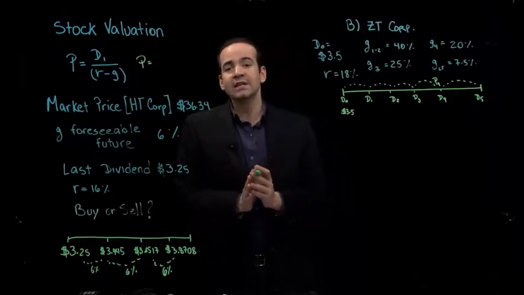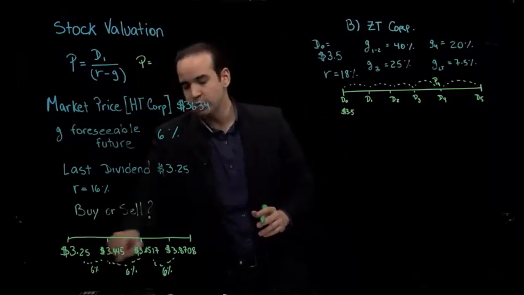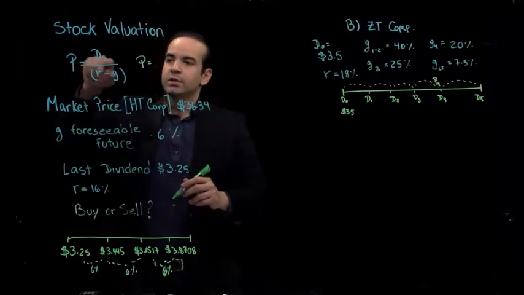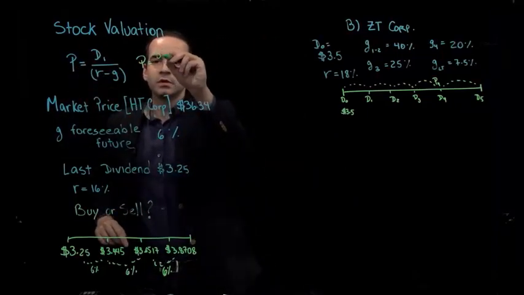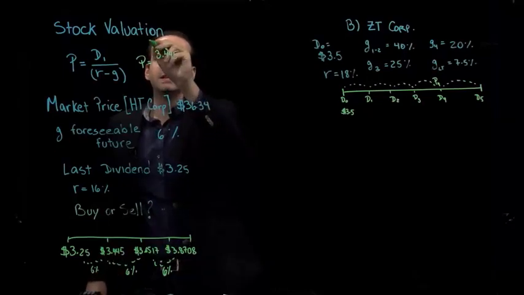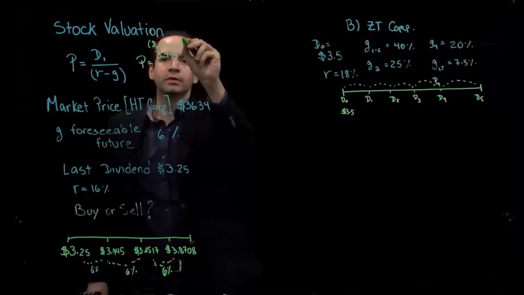So your calculations for value should start with the 3.445. Okay? So that's why we use D1, which is 3.445, which basically is just D0 times 1 plus the growth rate.